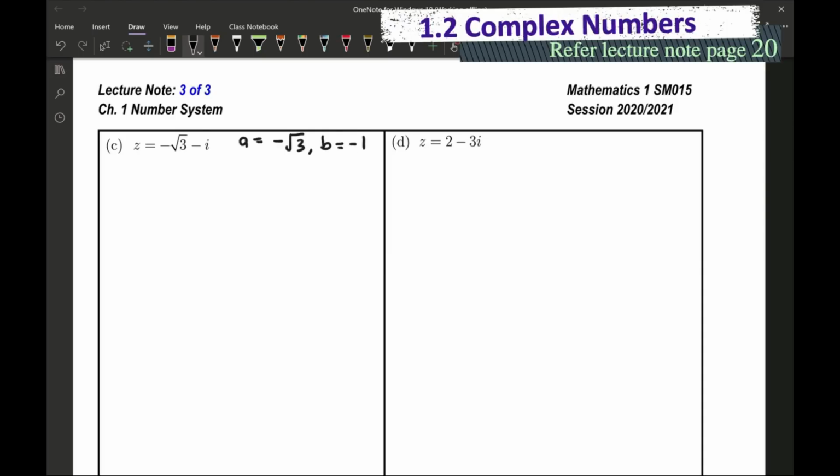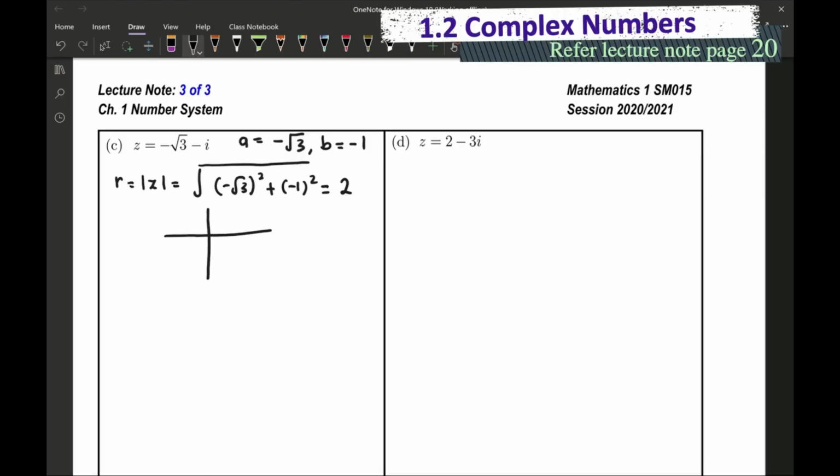From a and b, we can directly find out our modulus of z, which is the square root of negative 3 squared plus negative 1 squared. Then by using your calculator, you get the value 2. After that, we want to find our theta, but we must draw an Argand diagram first so that we know the exact position of our complex number.